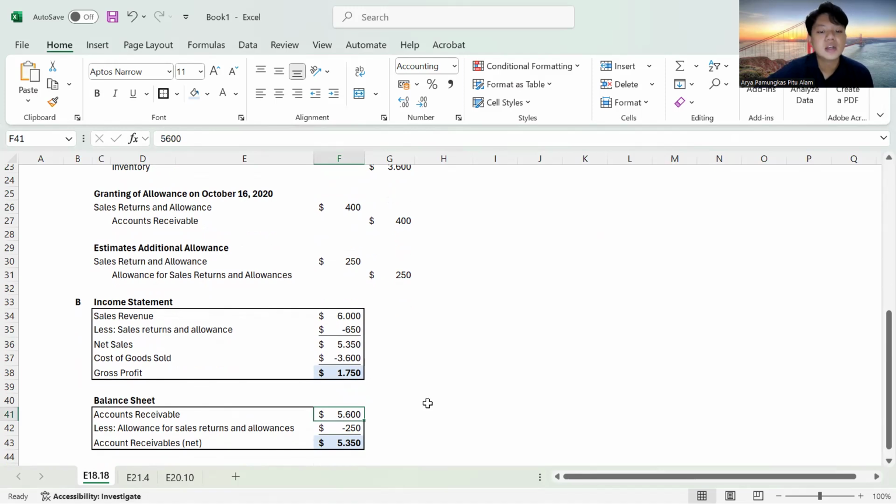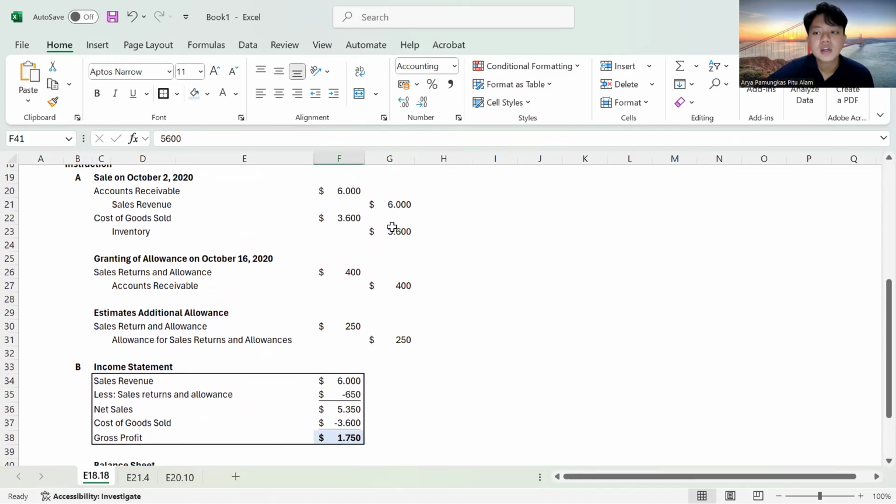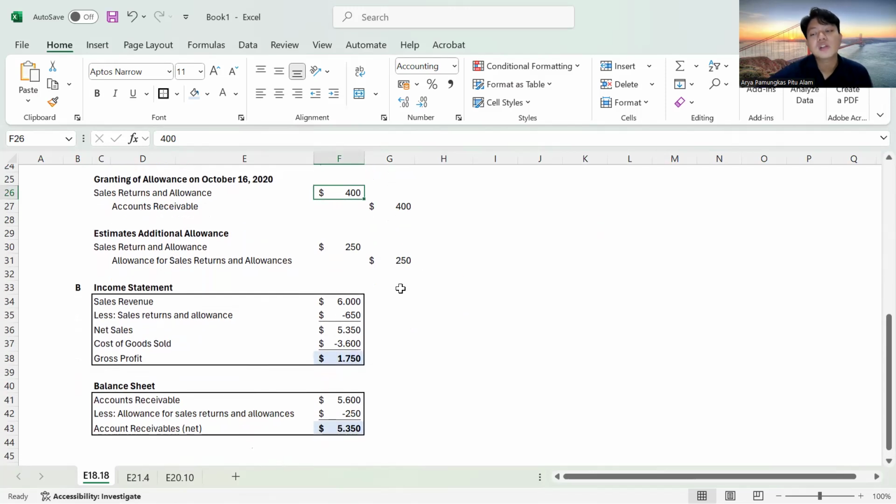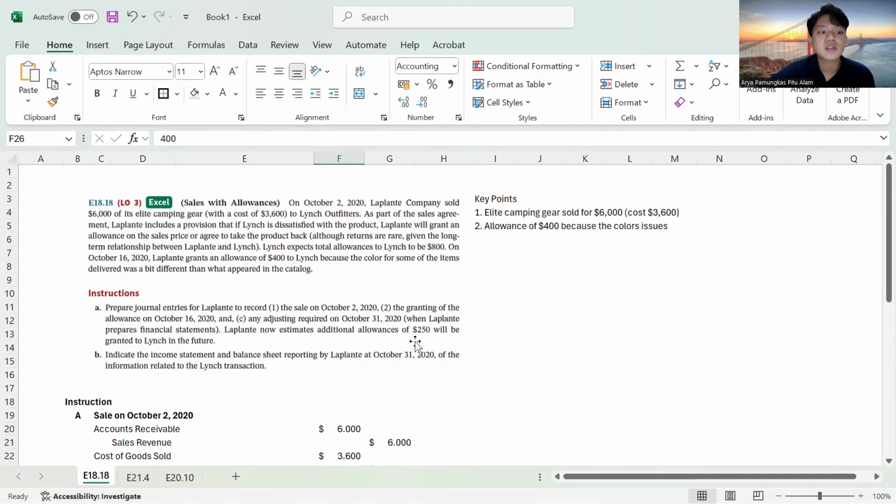This accounts receivable figure comes from the accounts receivable on the sale, less the sales returns and allowances. There is a credit to accounts receivable of $400, so accounts receivable on the debit side would be $5.6 thousand, and that results in net accounts receivable of $5,350.